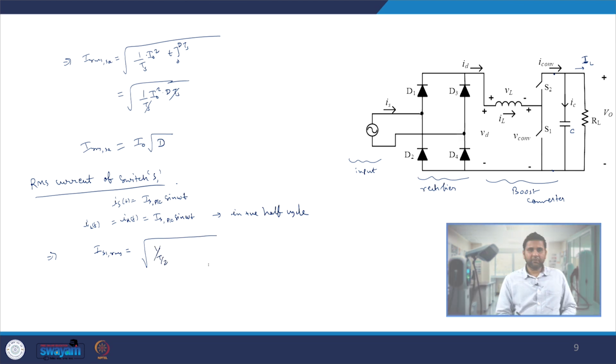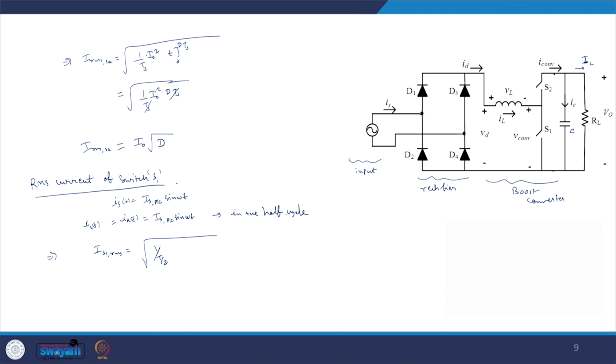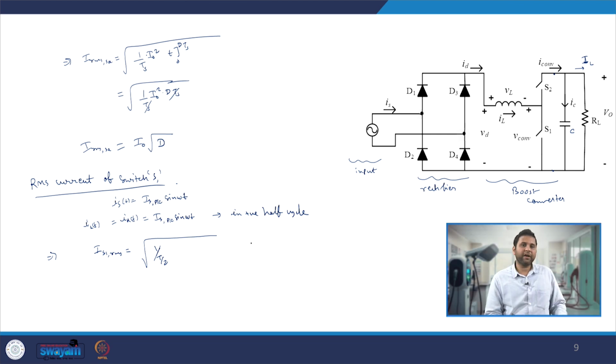Why have we taken 1 by T by 2? Because we take only the positive half cycle; in the negative half cycle ID is minus of Is peak sin omega t, and S1 will see the same variation after the T by 2 period. So we have to take the mean from 0 to T by 2.